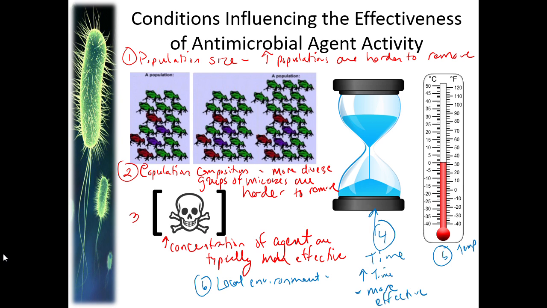You want to clean it first because if there's dirt, if there's debris, if there's oils, anytime that the environment is more complicated, it's potentially going to interfere with your antimicrobial agent. So anything that makes the local environment more diverse is also potentially going to increase the risk of a biofilm and decrease the efficacy of your antimicrobial agent.